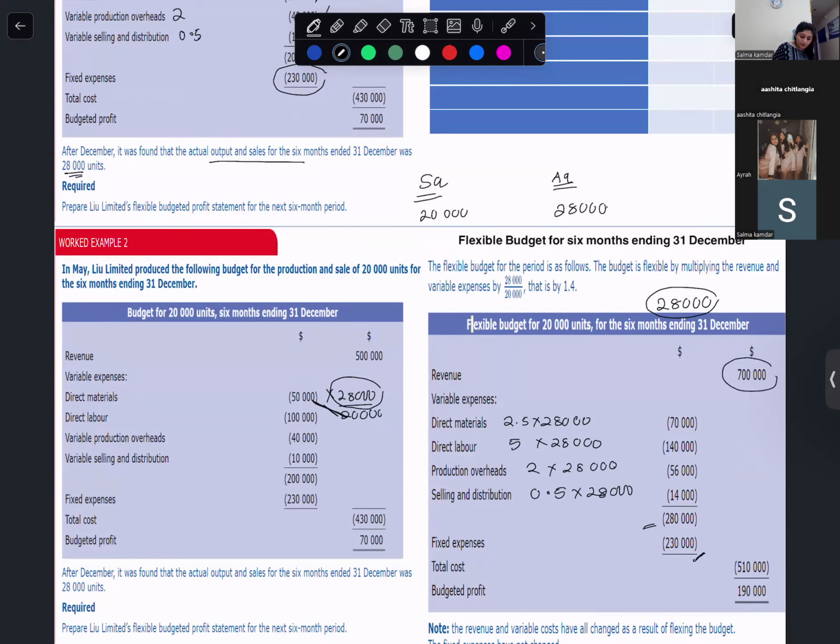Your revenue minus your total costs will give you your budgeted profit as per the flexed budget. In the flex budget, you should remember that you are flexing everything to your actual quantity, but you are taking the standard rate. Are you with me? Come on, make the flex budget.